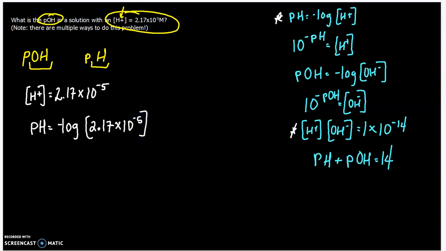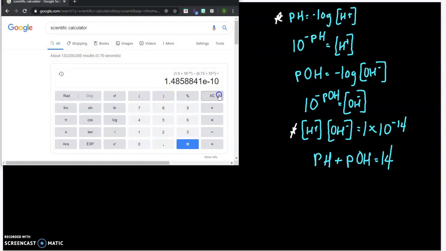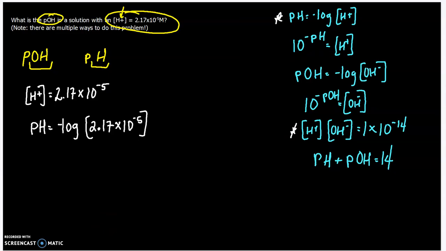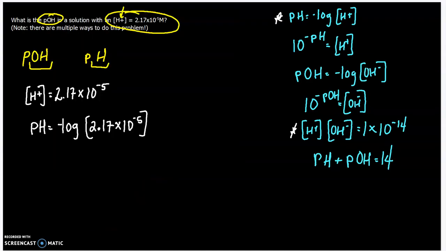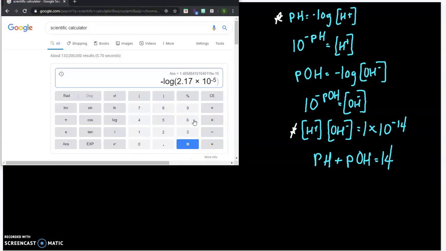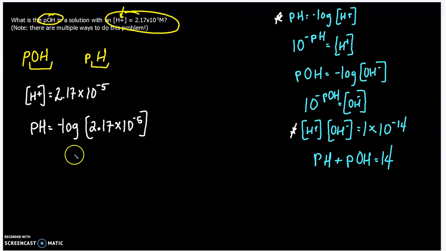I'm going to go to our calculator. Negative log of 2.17 times 10 to the negative 5. I'm going to press enter, and I get 4.6.